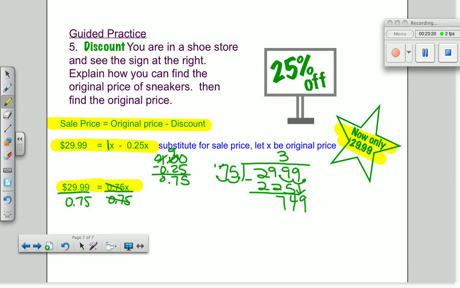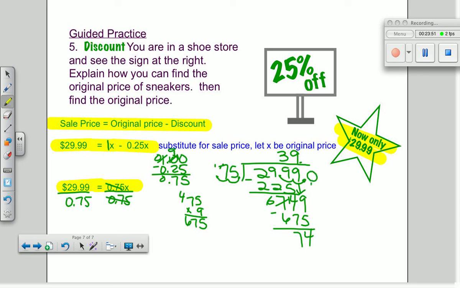75 goes into 749, 9 times. 75 times 9. 5 times 9 is 45. 7 times 9 is 63. Plus 4 is 67. 675. Subtract. 0.